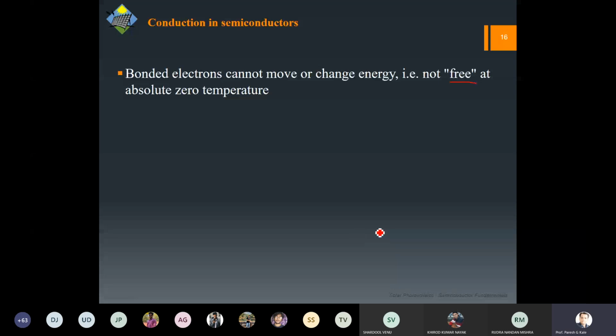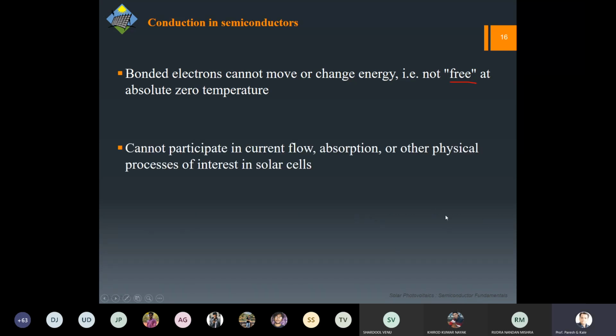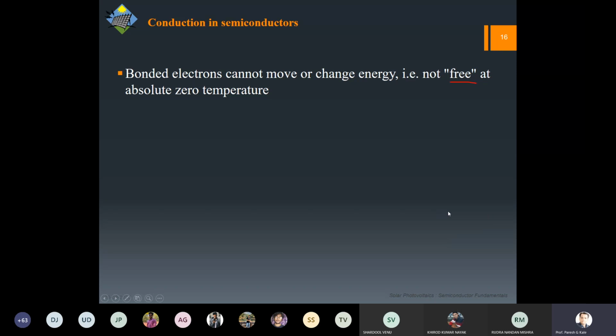I will switch off some of the network-consuming applications. Is sharing available now? Hello. Yes, sir. And I'm audible as well, right?